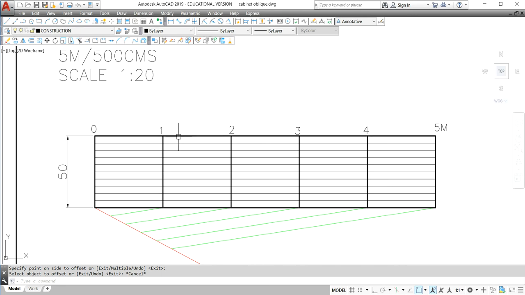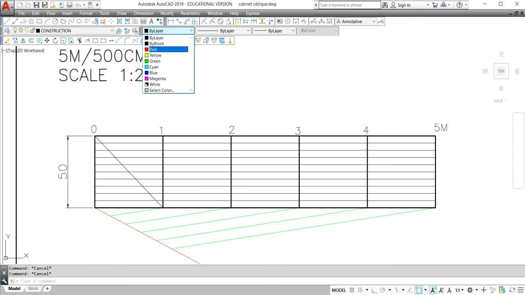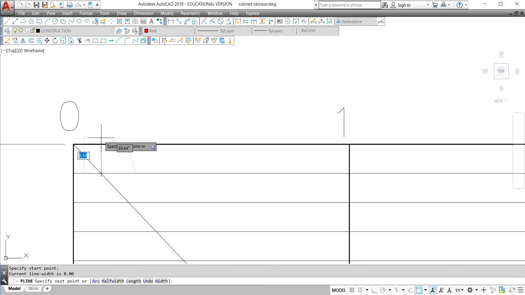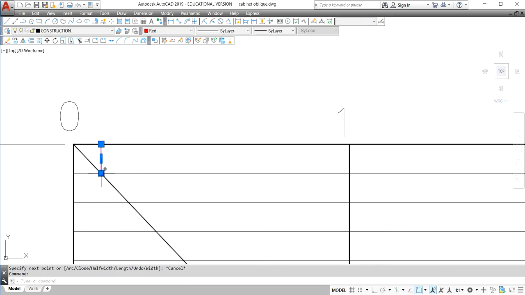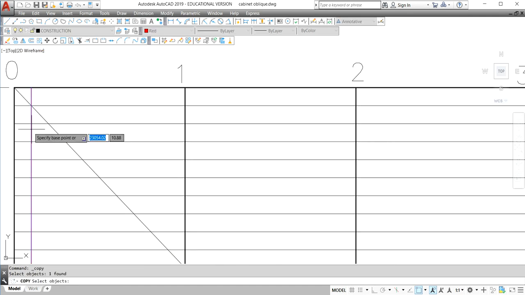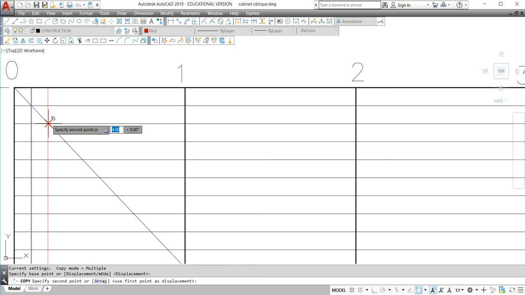Now to divide from 0 to 1 into 10, I don't need to divide all the spaces here into 10, only from 0 to 1. I'm going to do a diagonal. Where the diagonal intersects all those lines, I'm going to draw vertical lines. This method is convenient so I can avoid doing the division of a line.